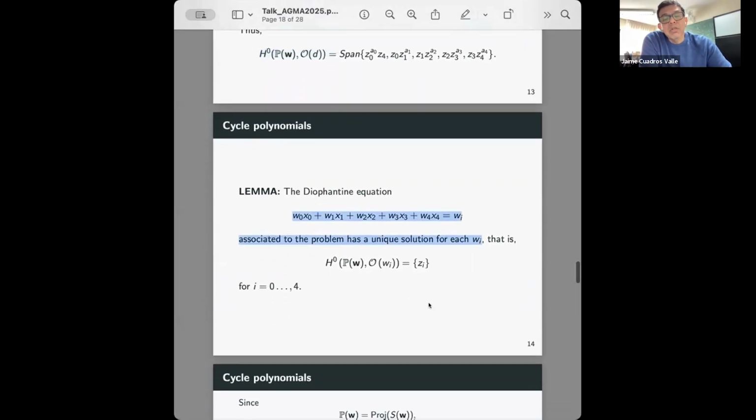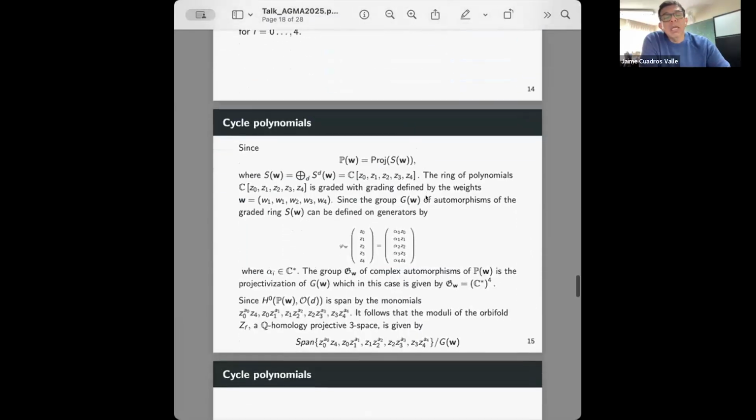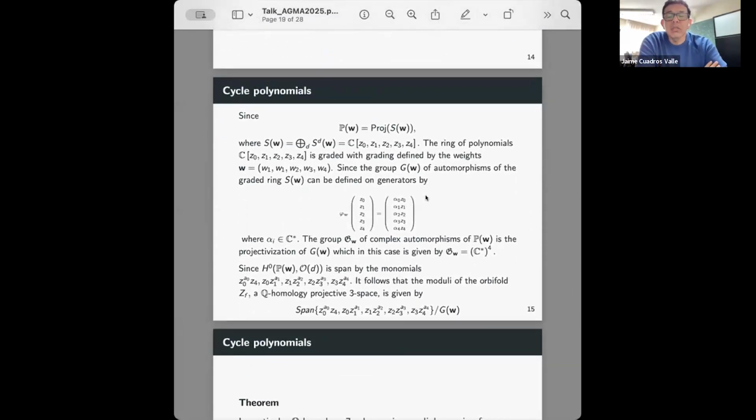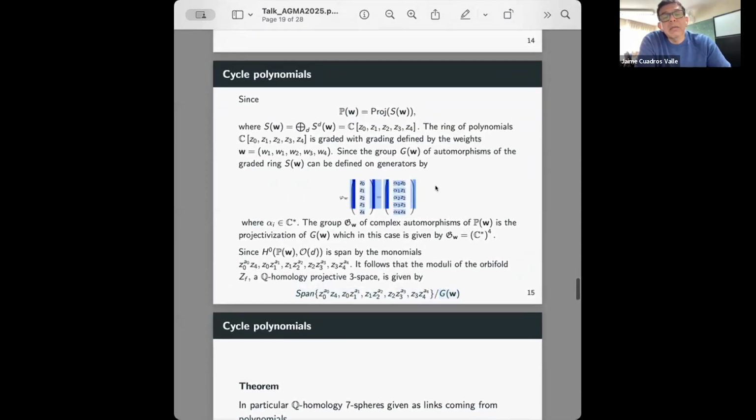And for this, we also prove that the generators are singletons. So at the end, we are able to describe the moduli set actually explicitly of the orbifold associated to the cycle polynomial with the conditions that I explained before, in terms of the span of these monomials by the group of automorphisms that can be given like this.